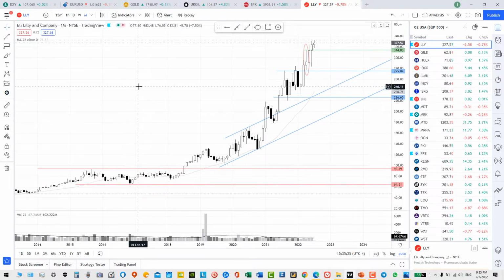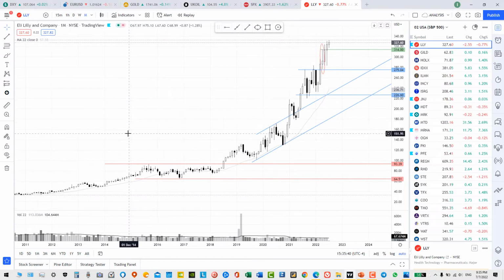Why don't I want to draw supports and resistances over the monthly chart? Because the most significant key levels over the monthly chart are $93 and $64, and these were very old areas.